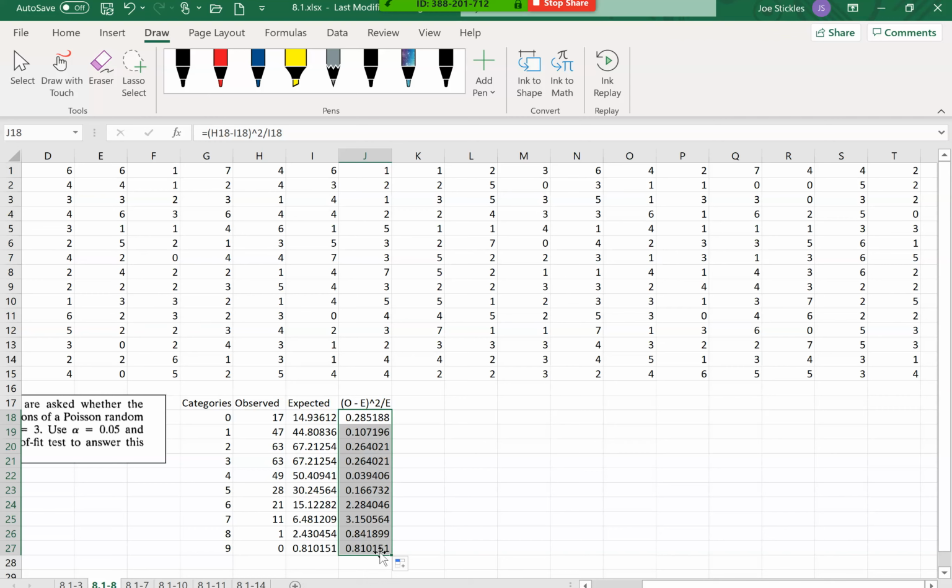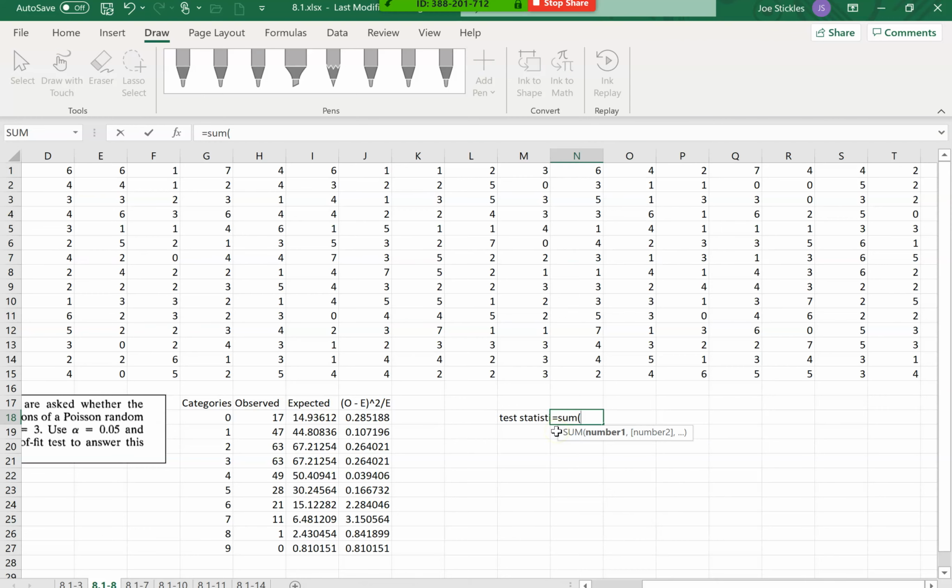All right. So now if we do this, let's see, this will be our test statistic. I'll put it over here. Remember, your test statistic is just the sum of the values that you computed.